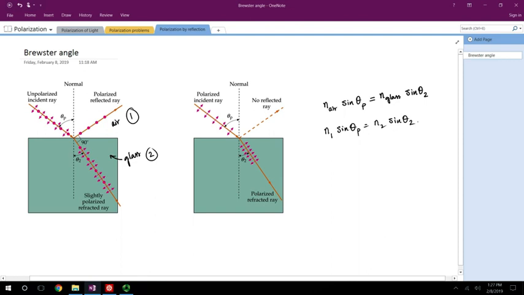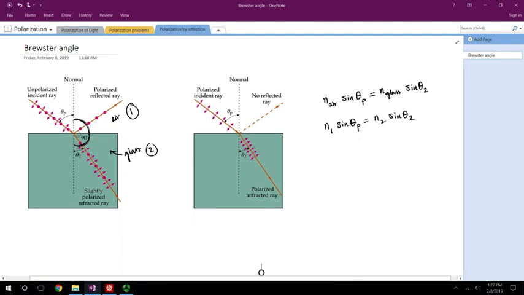Okay, but now let's look at the angle over here. That's 180 degrees because that's a straight line. The dashed line is a straight line, the normal, right? So looking at that picture, we can also realize that this angle over here is just the reflected angle. And the law of reflection says that the angle of reflection is equal to the angle of incidence, which means that this angle is also theta p.